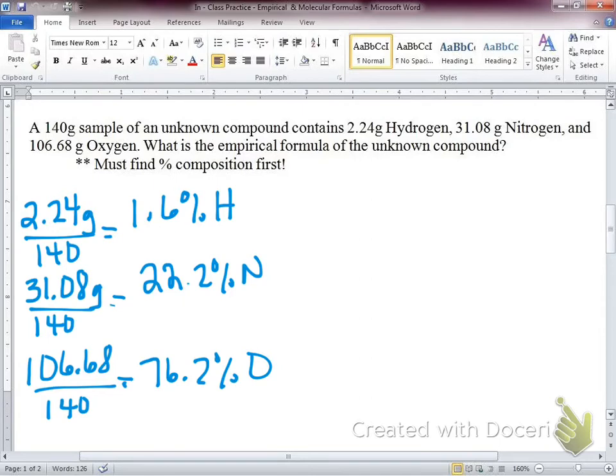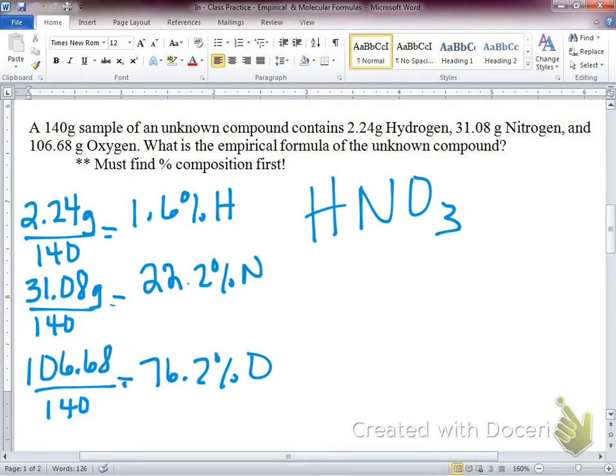Okay, so now that we've got them all in percents, you should be able to do the rest. I want you to take this by yourself and finish this one up. Since we've got them all in percents already, you should know how to do the rest of it. It ends up being HNO3.